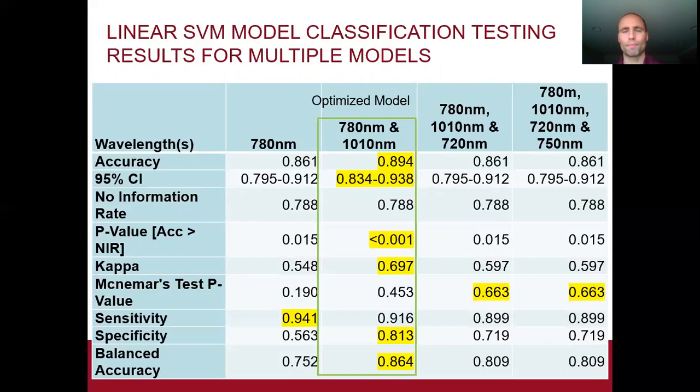With those data, we were able to accurately classify soybean aphid infestations at a level of 89% accuracy as being above or below that threshold. And this is really promising from the perspective of being able to use drone-based remote sensing data to make decisions for management of soybean aphid infestations.